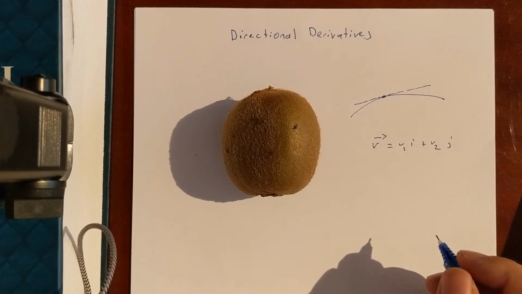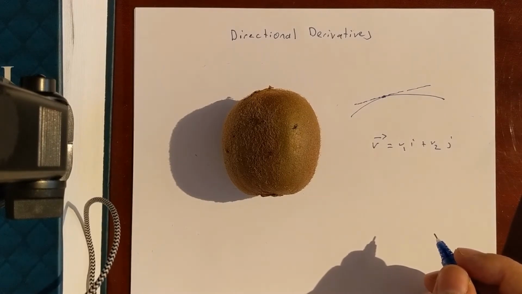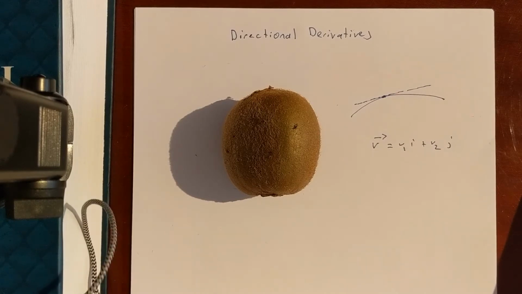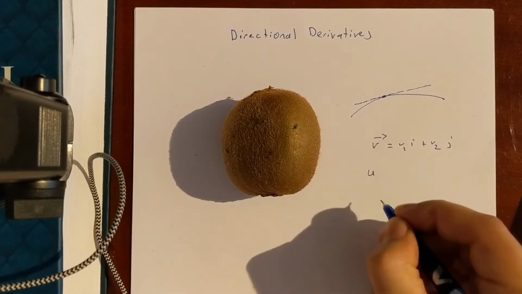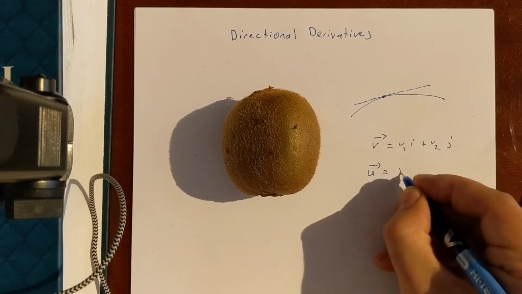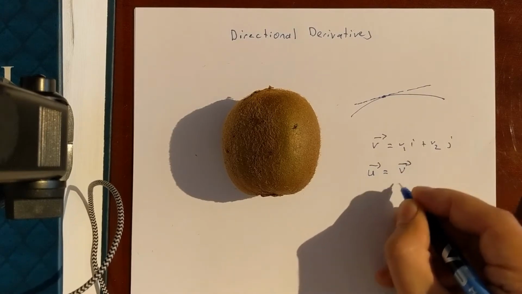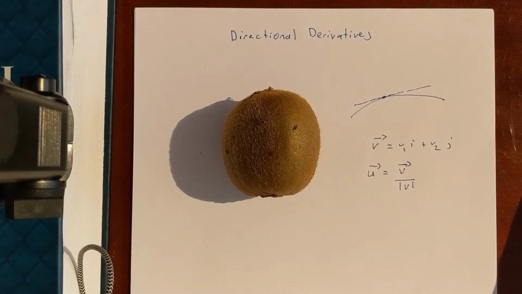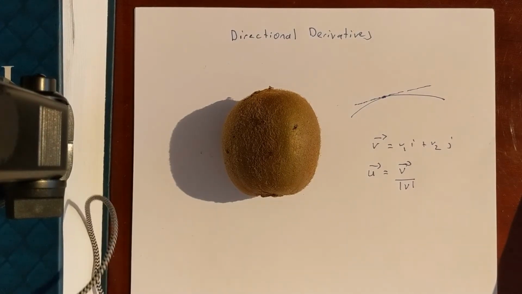It's got some direction, but anything on that line has the same direction. So when we say direction, we were talking about the unit direction, the unit vector in the direction of v. So how did we find this unit vector u? What we did was we would divide v by its length, so all the directions here are going to be unit.